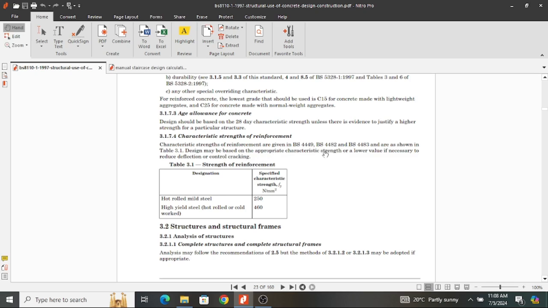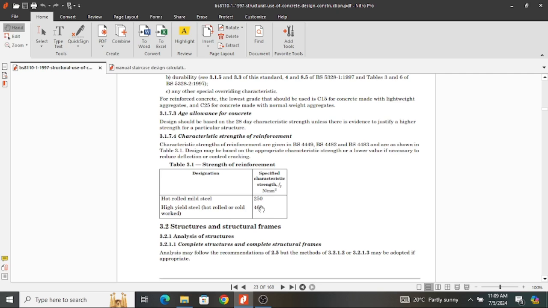So, appropriate characteristic strength. In my country, manufacturers provide reinforcement that is more than 500 Newton per millimeter squared. Therefore, it is expedient to assume that my characteristic strength minimum is 500.